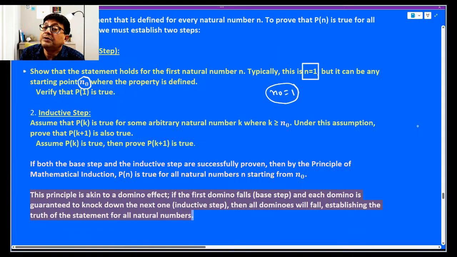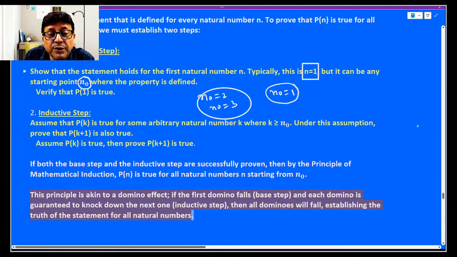But I told you in the staircase, people may be situated at step 2 or step 3 in the beginning. In that case, you should introduce the concept of n0 equal to 2 or n0 equal to 3. N0 stands for the starting value. Starting value is 1 in most of the cases.